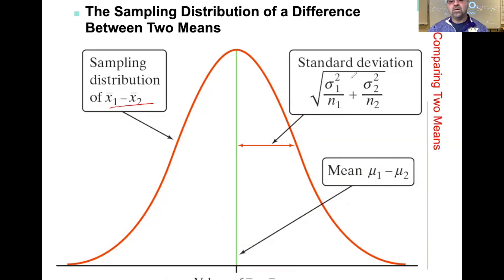See, here's sigma 1 squared. Here's sigma 2 squared. Take the variances over their respective sample size and add them. Really important to add them, because the variances are positive because you square the coefficients.